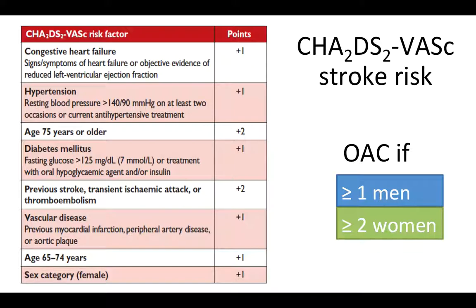If you're over the age of 75, you score 2 points. And they've also got a bracket of if you're aged between 65 to 74, you score 1 point. Diabetes scores you a point. Having a previous stroke or TIA or thromboembolism actually scores you 2 points. Any evidence of vascular disease scores you a point, and being a woman scores you a point.